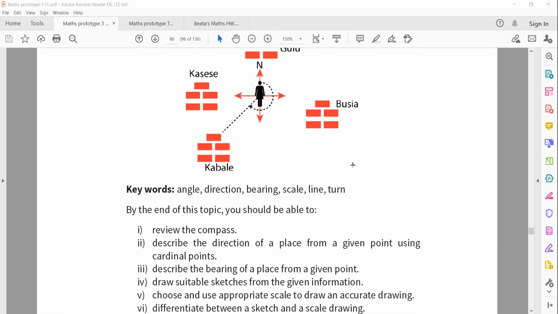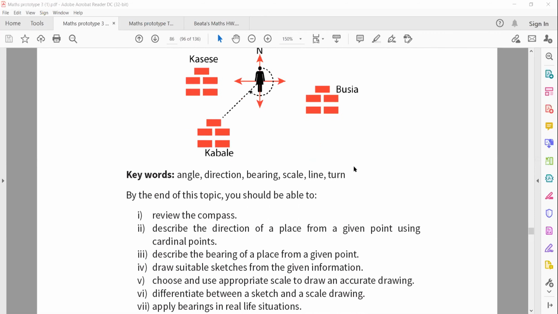We need to describe the direction of a place from a given point using cardinal points. Now, cardinal points may look like a new term, but these are the main points of the compass.